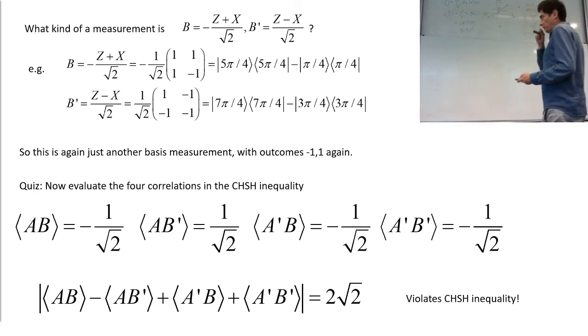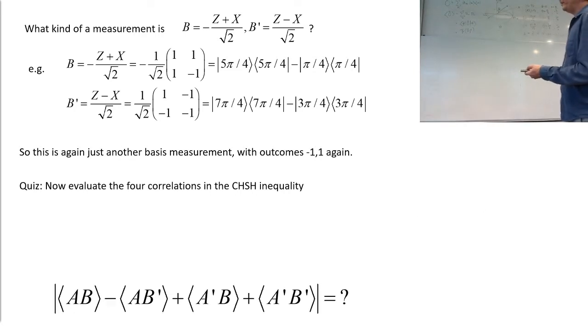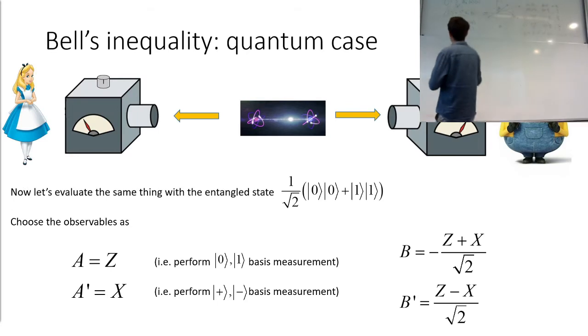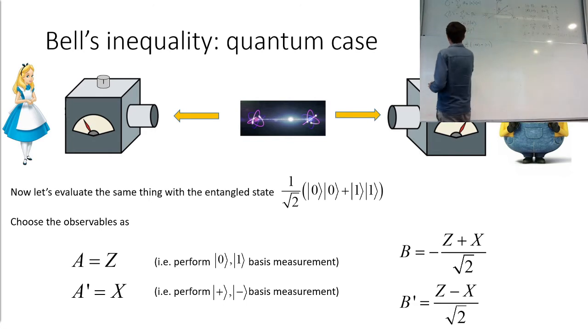Okay. So probably the easiest way. Here we've got our state, which is 1/√2 times (|00⟩ + |11⟩). That's the state. And we can do the first one. So let's try and calculate AB.